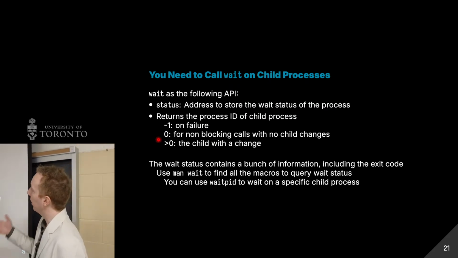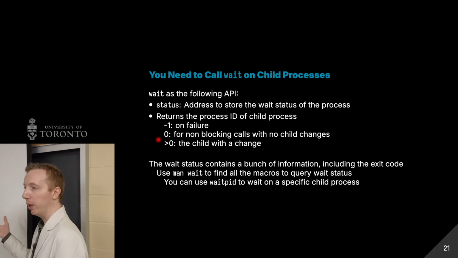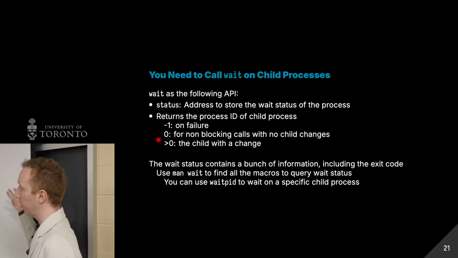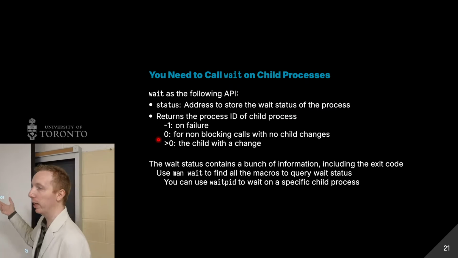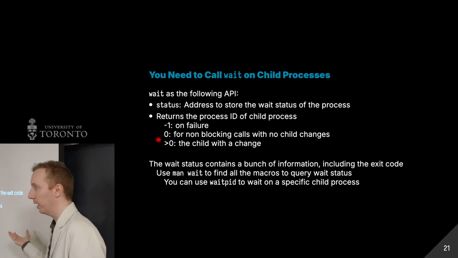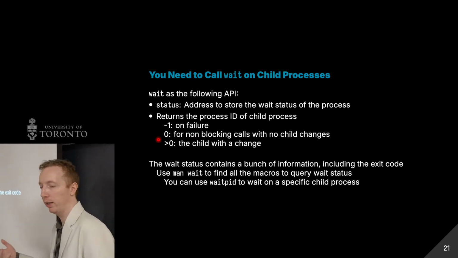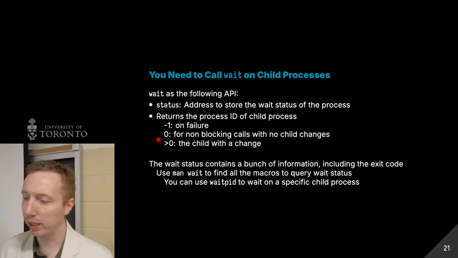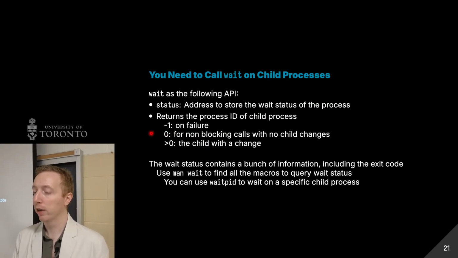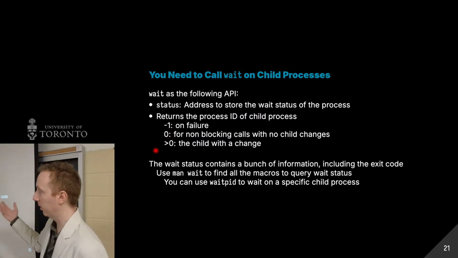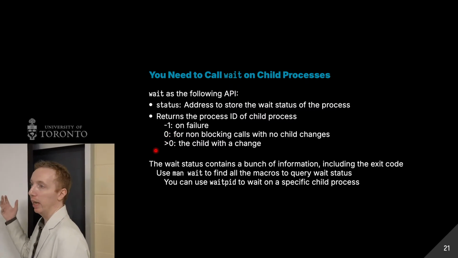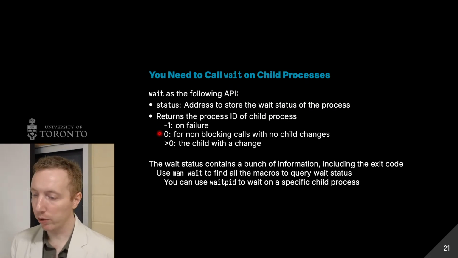There are two versions of wait: a blocking one that will wait for that child to terminate, and a non-blocking one that will just poke it and ask, hey, are you dead yet? Yes or no. It will return immediately. We'll see how to do that later. For now, it will never return 0. It will block until that process ID has actually terminated or give you a failure.